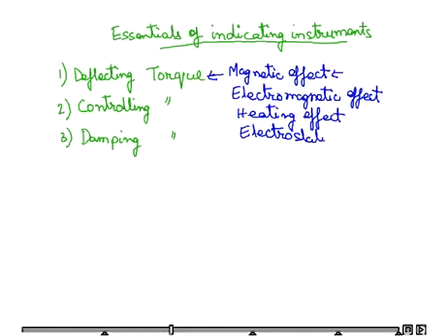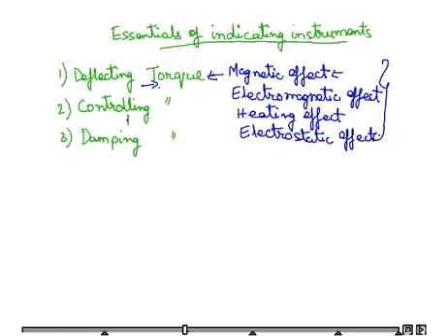Now deflecting torque, as we know, is the torque which is required by the pointer to move according to the quantity which we are going to measure. The torque is generated due to any one of these effects. The pointer moves.